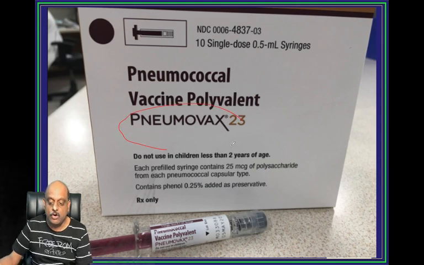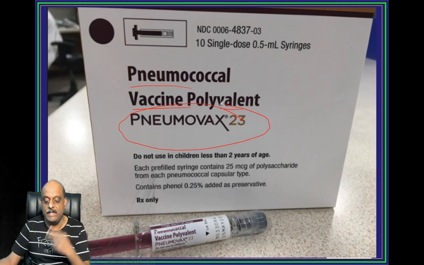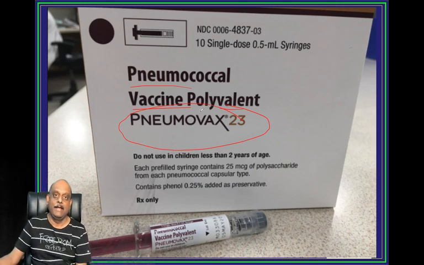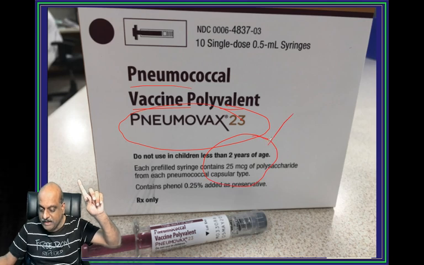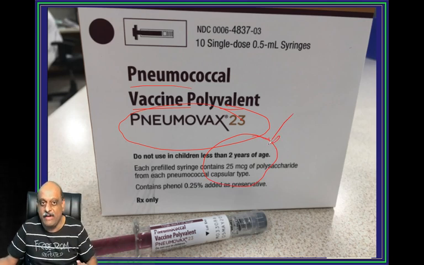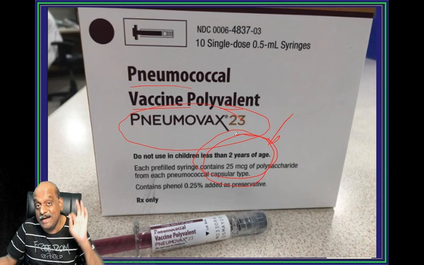This is also called Pneumovax, the 23-valent pneumococcal vaccine, which is polyvalent. Once more, please don't forget, this is commonly asked in the vivas by the pediatrics examiner: this should not be used under 2 years of age.